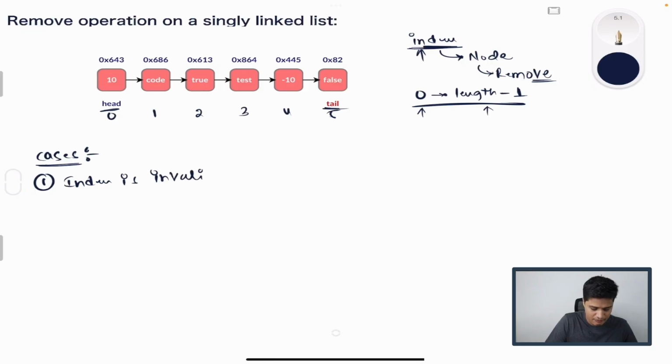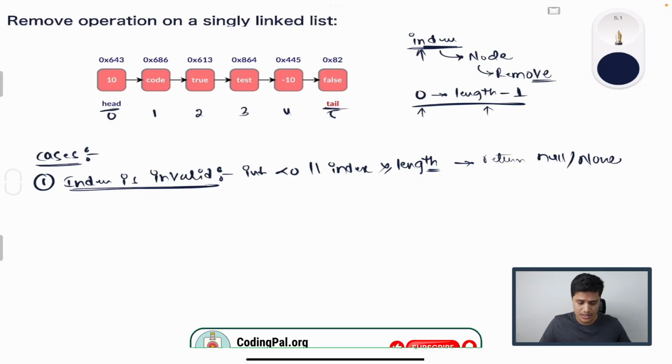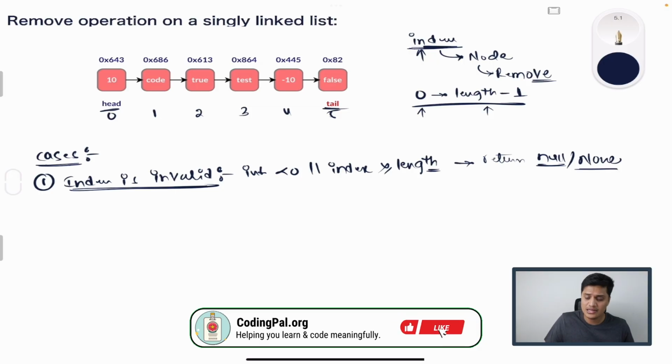We say the index is invalid if the index is less than 0 or if the index given by the user is greater than or equal to the length of the linked list. If the user passes an index that falls into this range, we will simply return null or none, based on the programming language we are using for implementation. If we are using a Python based implementation, we will return none.